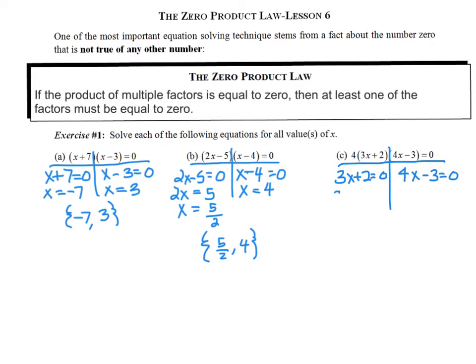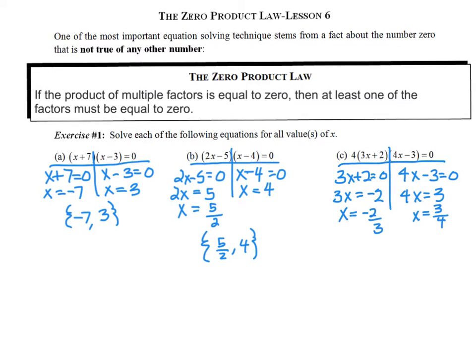When I subtract 2 from both sides of the first factor, I get 3x is equal to negative 2. If I divide both sides by 3, I get x is equal to negative 2/3. For the other expression, 4x minus 3 equals 0, gives us the equation 4x equals 3. So therefore, x is equal to 3/4.